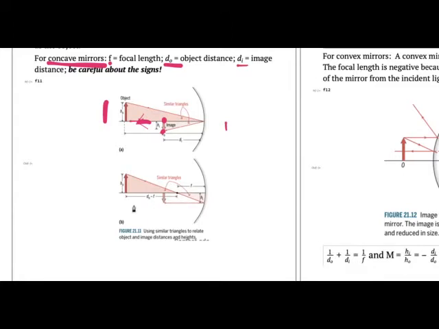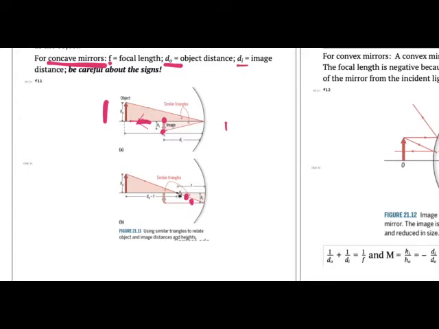That's reflection. It comes out parallel. There's an angle of incidence here and an angle of reflection here. They're equal. The definition of the focal point is that light that goes through the focal point comes off parallel to the axis.